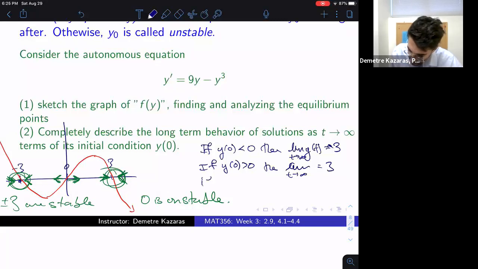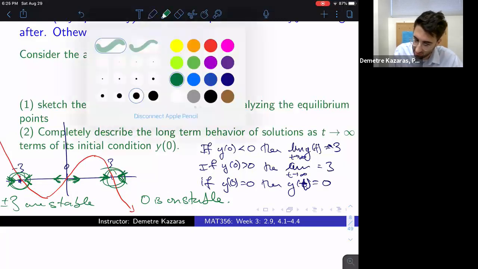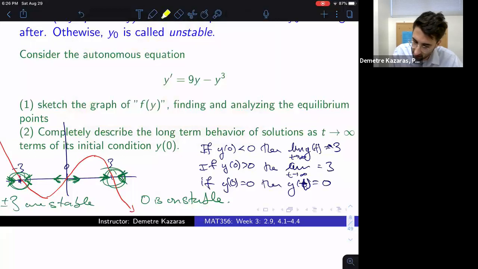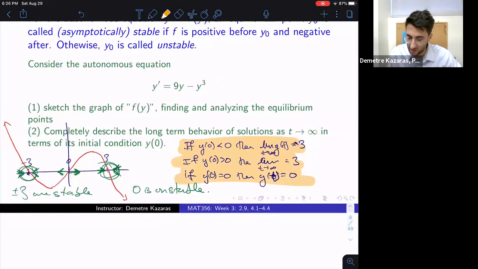So if y of 0 is 0 itself, then you just always stay 0. So y of t will just be always 0. That would be the long-term analysis of solutions to this differential equation.